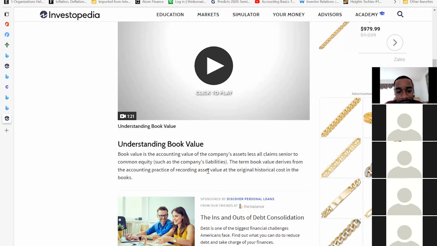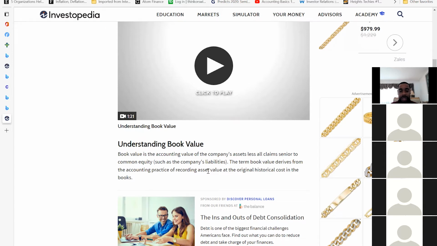minus its liabilities, right? Value investors are looking for a book value that is greater than the market cap. For example, let's say you have a real estate investment company trading at a market cap of $50 billion.